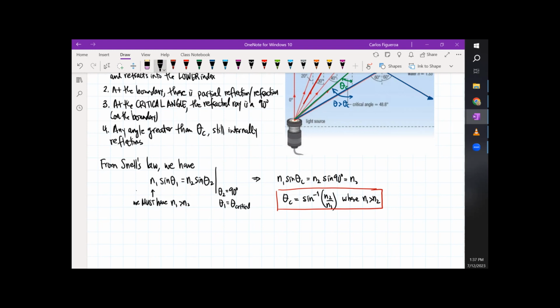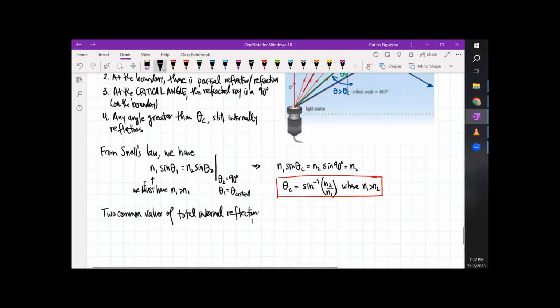So two common values of total internal reflection go like this.